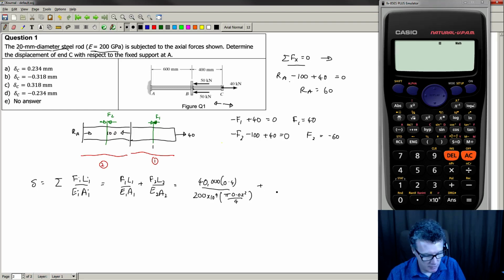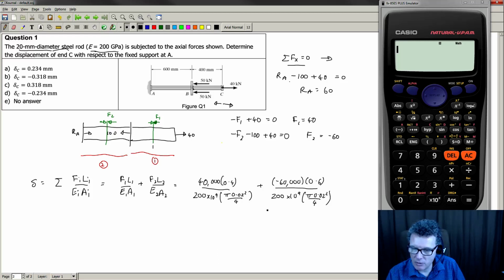And similar for my other section. Here, however, my F2 is going to be a negative, so minus 60,000. It's a longer section, so it's 0.6 in meters. We've got the same Young's modulus, 200 to the 9, and you've got pi times 0.02 squared, all divided by 4.